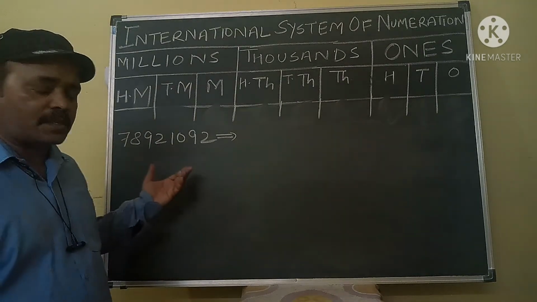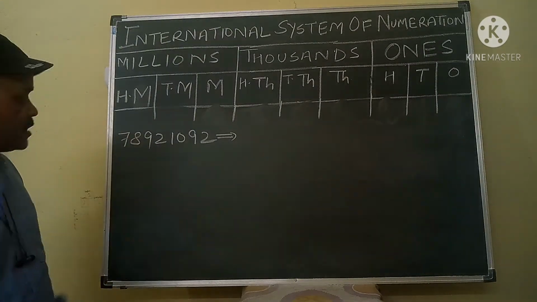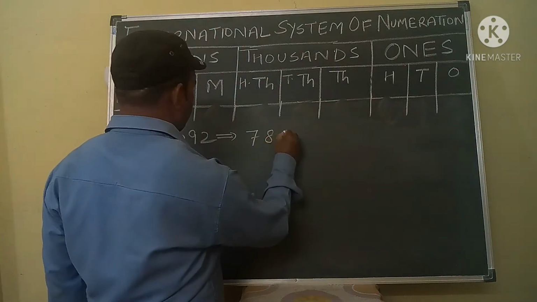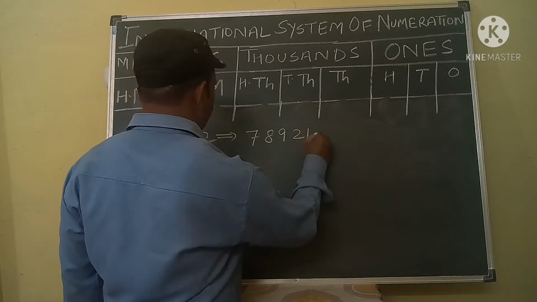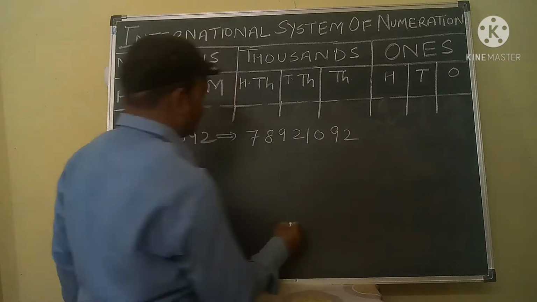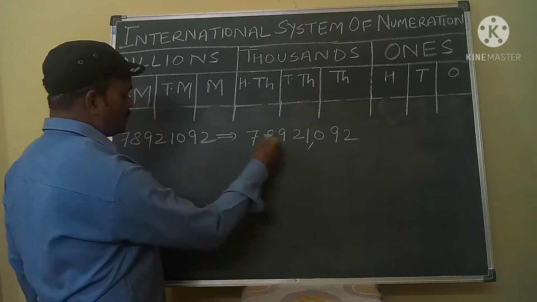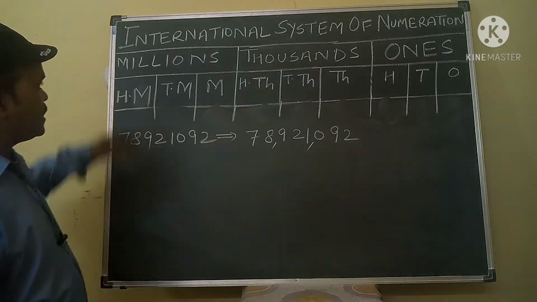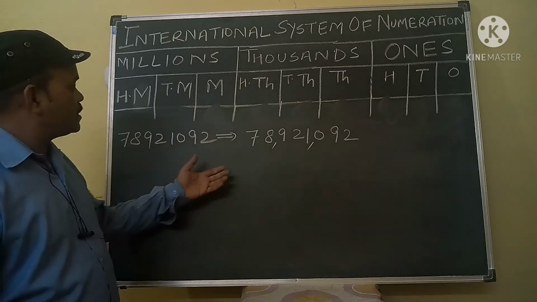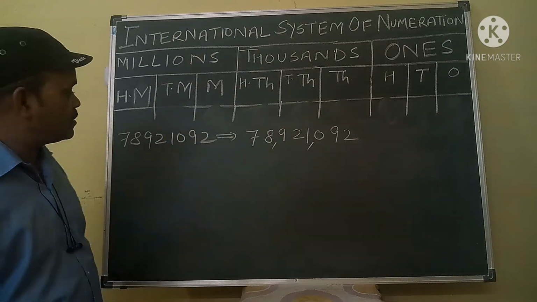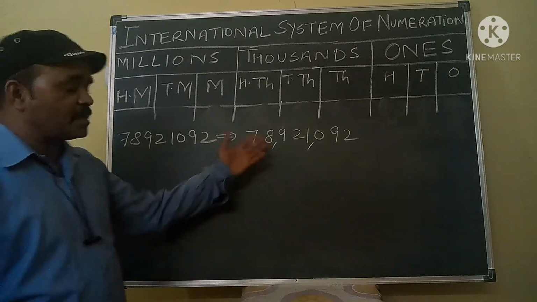We will put a comma after 3 digits. First comma after 3 digits, second comma after 3 digits. In the international system we will put the comma after three places.